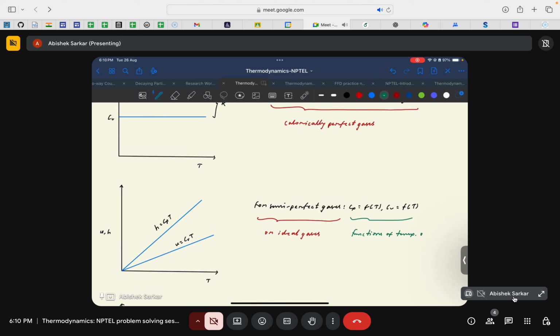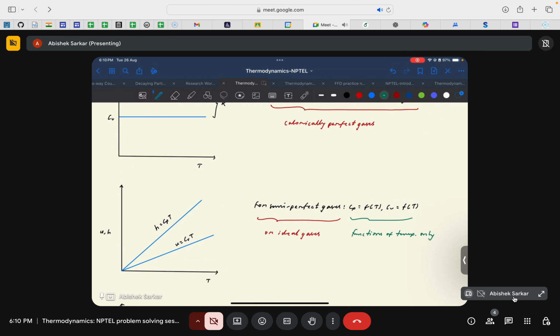You can consider an ideal gas as a special case of gases, and you can understand these perfect gases to be further special cases of ideal gases. Both Cp and Cv are functions of temperature only. So we will leave it for now.